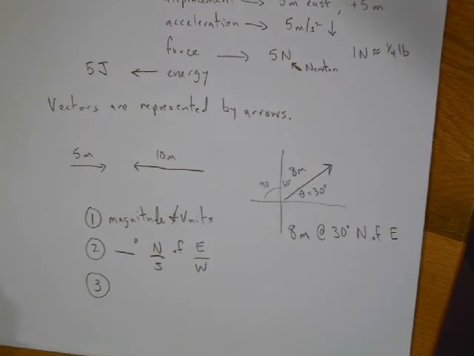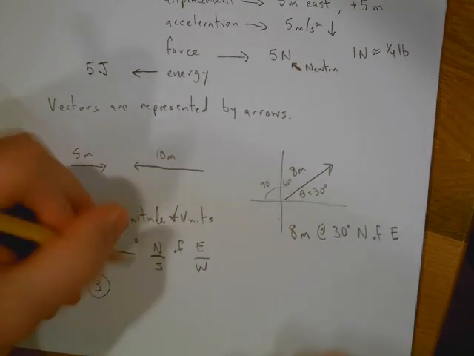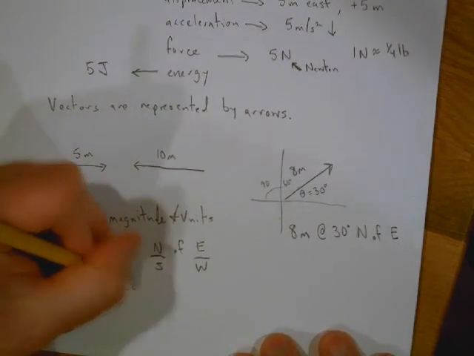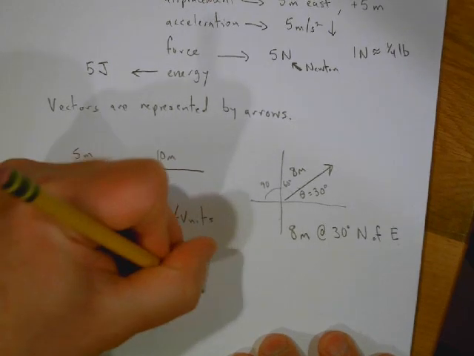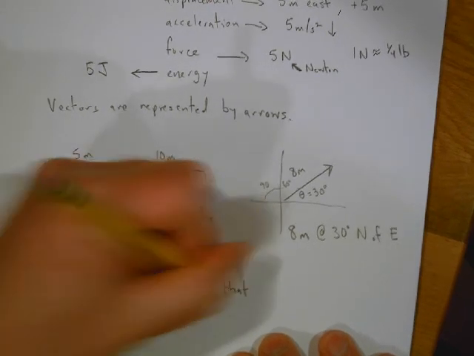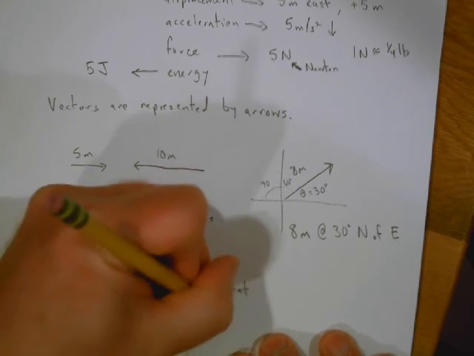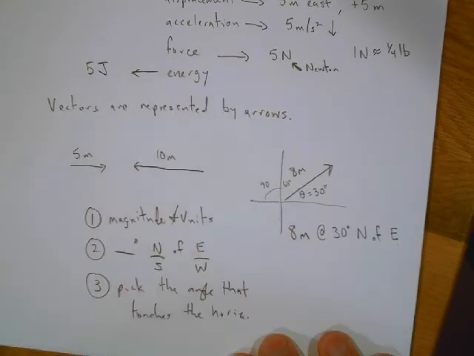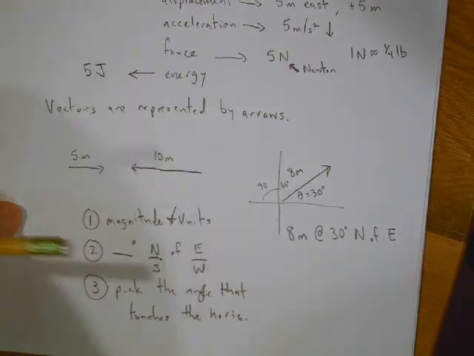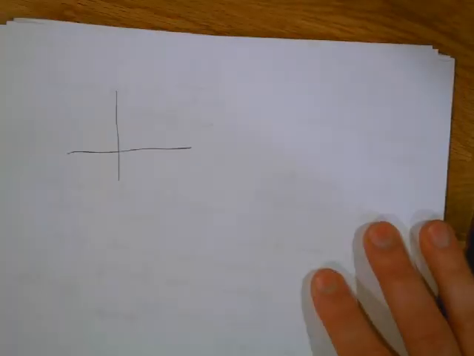And then, it's really easy if you just think of it this way. When you're naming vectors, you always want to pick the angle that touches the horizontal. So pick the angle that touches the horizontal. So let me give you a couple examples, and then you guys are going to practice a little bit.